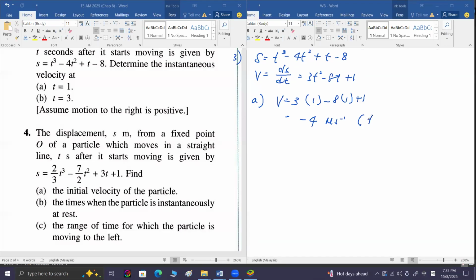Negative means to the left. Cannot be to the left because positive is to the right. Okay, can follow, yeah? So B, you can mark down as homework, question 3 now, yeah?